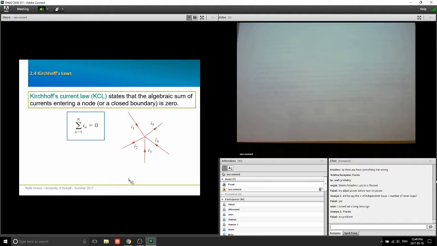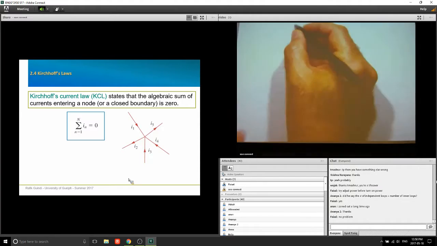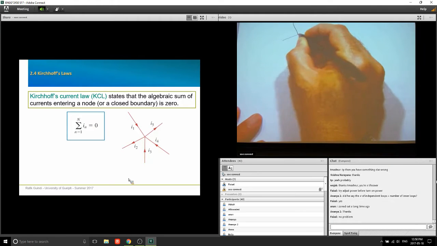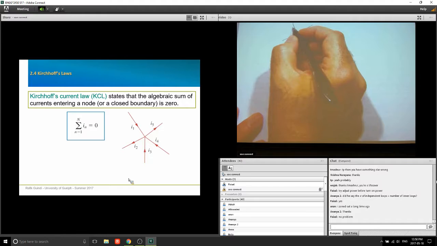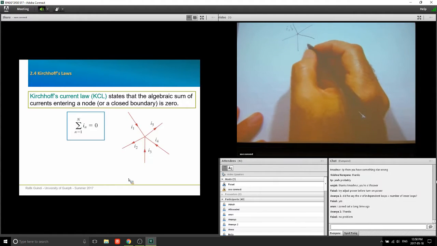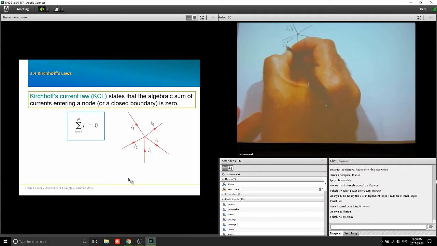So what does it mean? It means that if you had something like that, we're going to assume all of them entering the node with different signs. So I have here a current I1 entering the node. The current I2 is actually leaving the node, right?